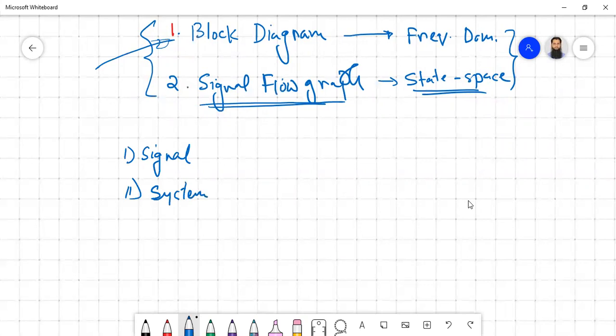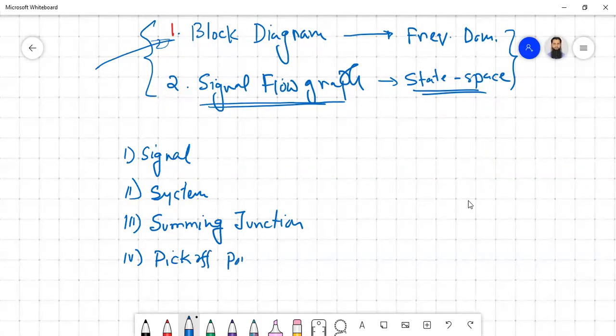The two additional ones that are required are the summing junction and the pickoff point. So: signals, systems, summing junctions, pickoff points. How is a signal represented?